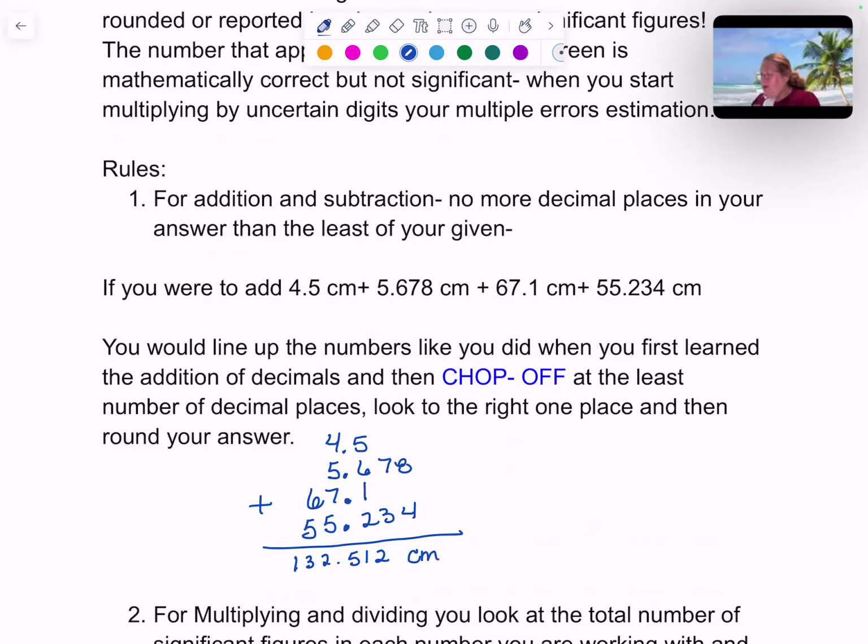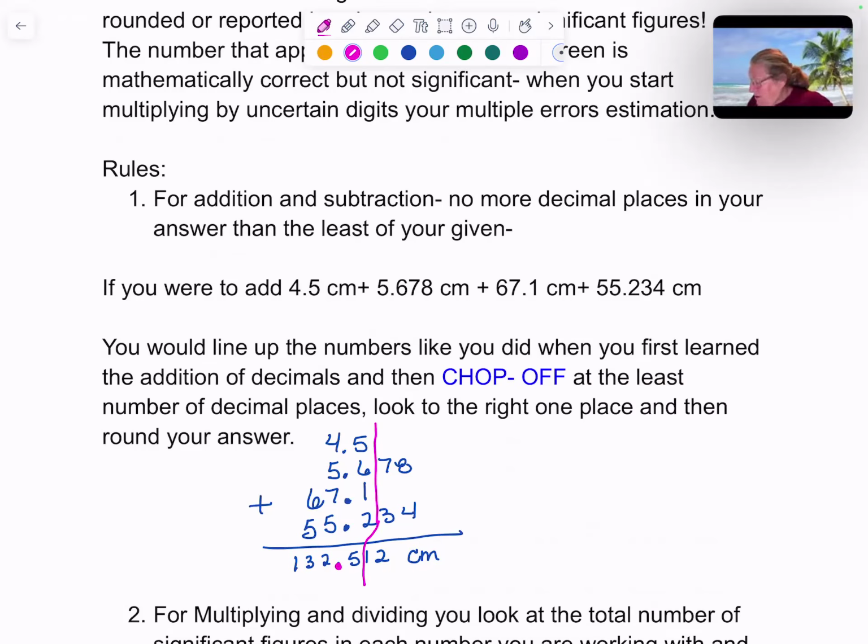Okay, well, we're not real certain about that many places. So we use what's called the chop-off rule. And how the chop-off rule works is you chop it off at the least number of decimal places. 4.5 has 1, 5.678 has 3 decimals. So we're going to come in, oops, I lost my line a little bit there, and chop this number off at 1 decimal place.